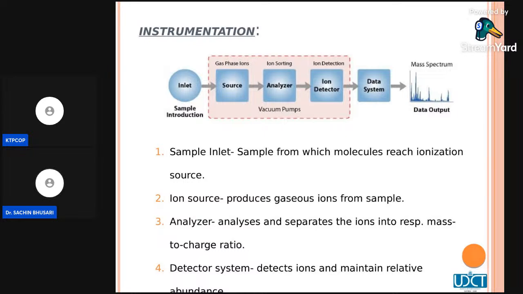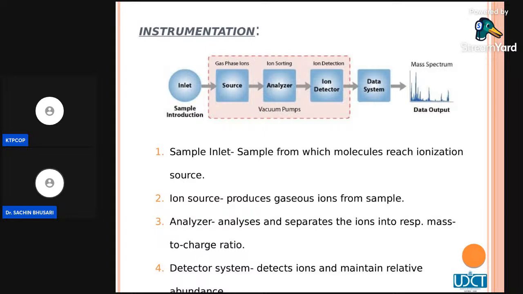A source is there, it converts the sample into fine droplets, gaseous phase. Then an analyzer is there, ion sorting: Q1, Q2, Q3 if you have a triple quad; if you have a single quad, Q1. Then you have the ion detection system, then data system integration.